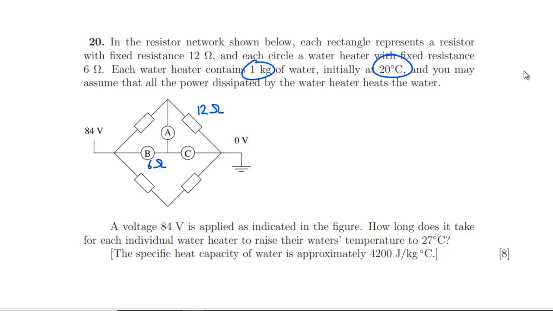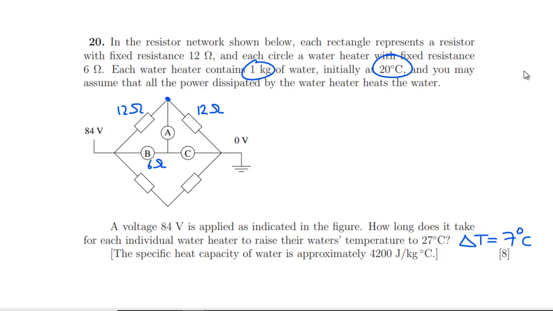Right, so we've got a delta T of 7 degrees C. They've given the heat capacity. Let's have a look at our setup here. Everything's symmetrical on this, so A is never going to heat up because there's no potential difference across it. The reason we can say that is these two resistors at the top are identical, so they're going to split the PD equally.